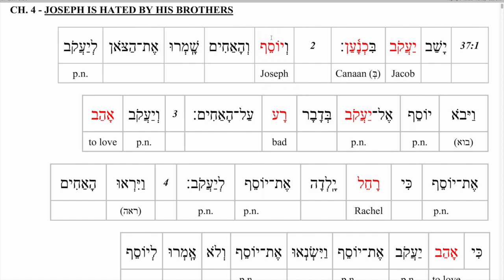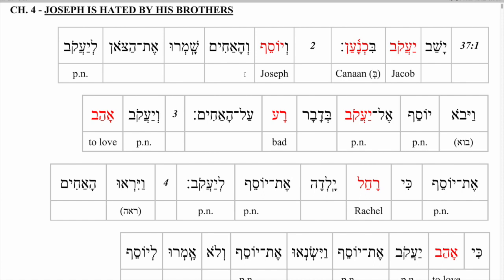Va Yosef, and Joseph. Now remember our Hebrew word order. If a subject comes first before the verb, that means they're trying to show you something or tell you something. Now Joseph, or then Joseph, it's highlighting Joseph as a character right here.